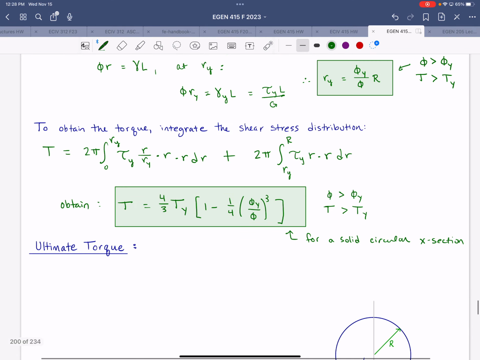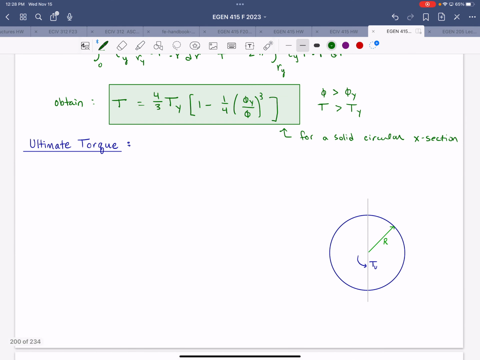All right, so now we are at the point where, if we continue to increase that torque until the entire cross-section has yielded, then we've reached the ultimate condition, the ultimate state. So the ultimate torque that the shaft can support will be associated with that yield radius approaching 0, all right?